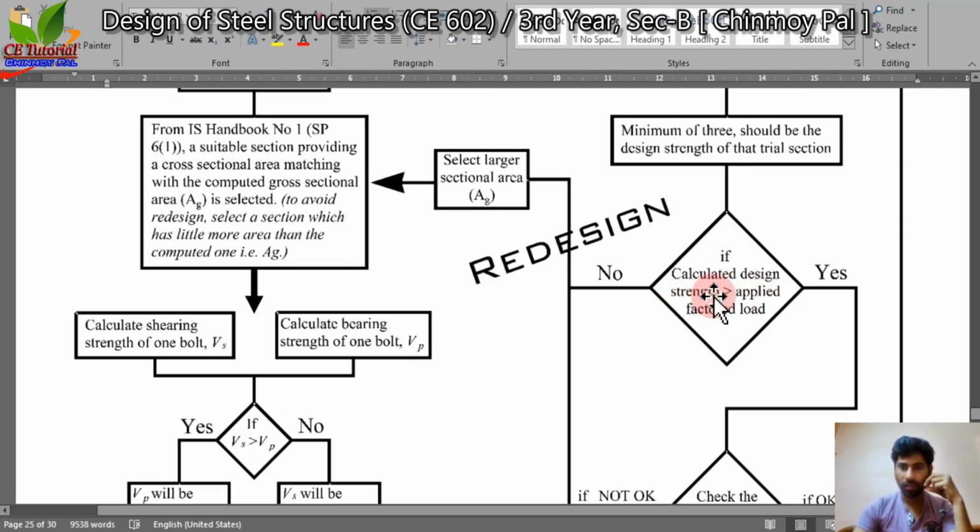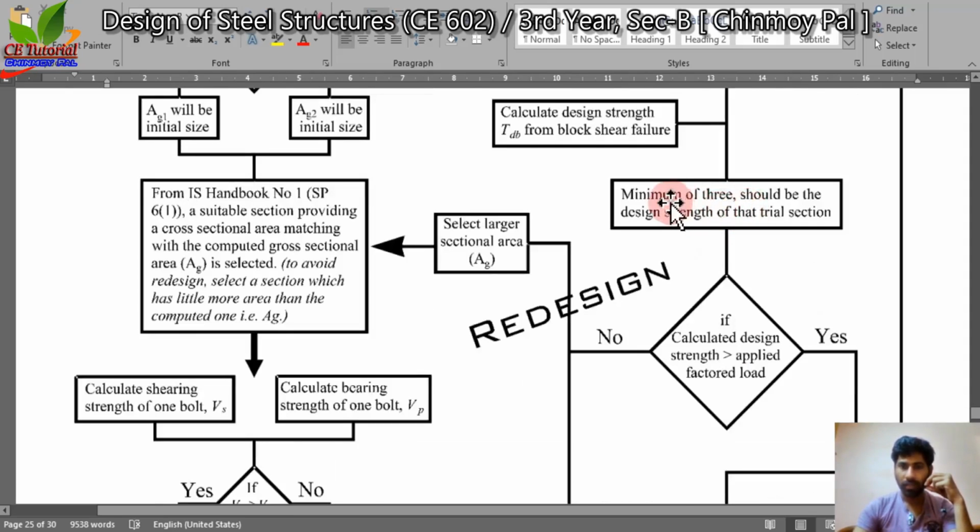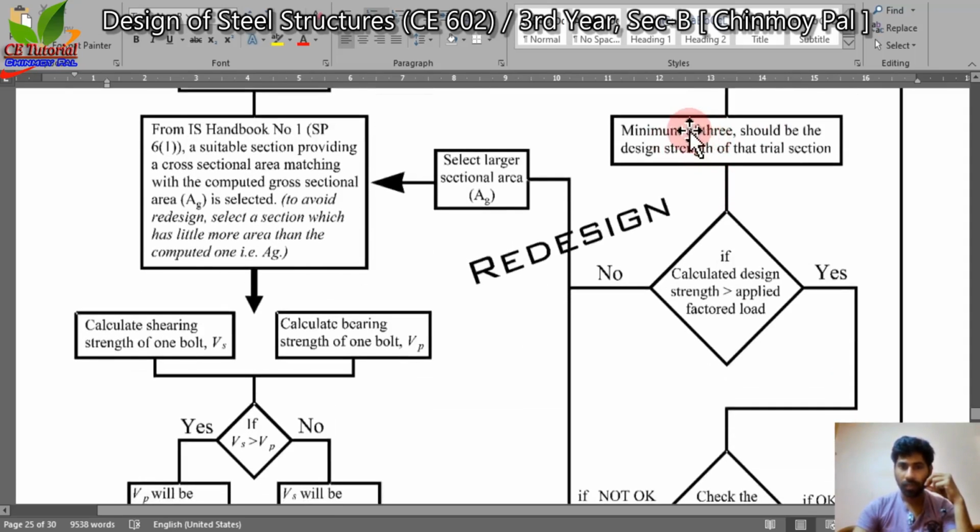If it is greater than applied load, then it's okay. Then go for slenderness ratio check. If it is okay, then your design is complete and go for drawing. And if the design strength of that selected cross-sectional area is less than applied force, then you have to go for redesign.